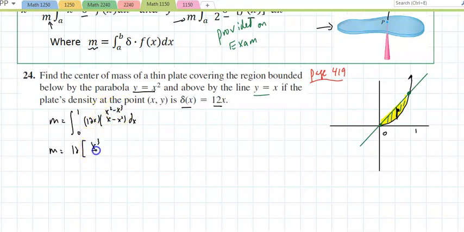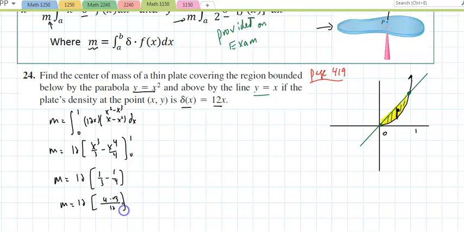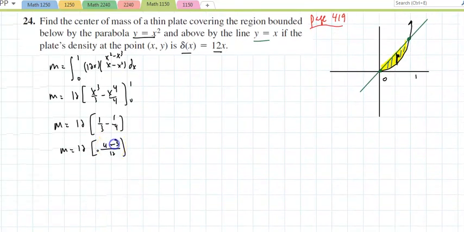So x cubed over 3 minus x to the 4th over 4 from 0 to 1. M would be 12 into 1/3 minus 1/4, all over 12, that's 4 minus 3. So m would be simply 1 in this case. Wow, okay.